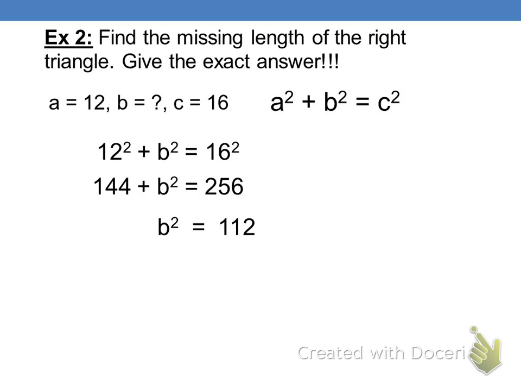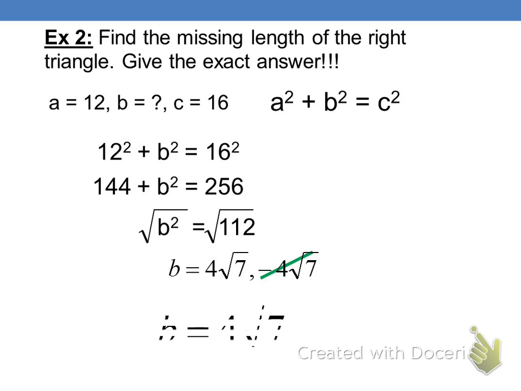Yikes. That's not a perfect square. We still have to take the square root of both sides. We're going to do a tree. You can do 2 and 56. 8 and 7.